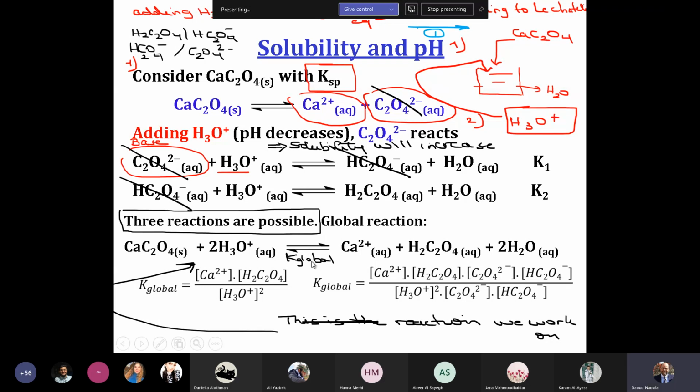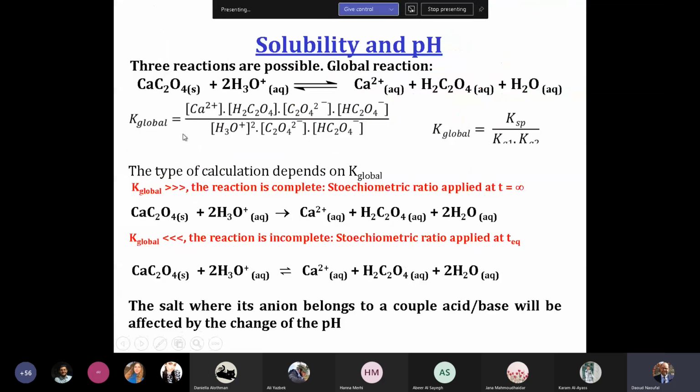So the question now: what is the concentration of Ca2+ at equilibrium? When we work on the global reaction, to know the strategy of calculation, we have to calculate K global. To know if the reaction is complete, we work at t equal infinity. And if the reaction is incomplete, we work at t equilibrium. So now we have to find K global.